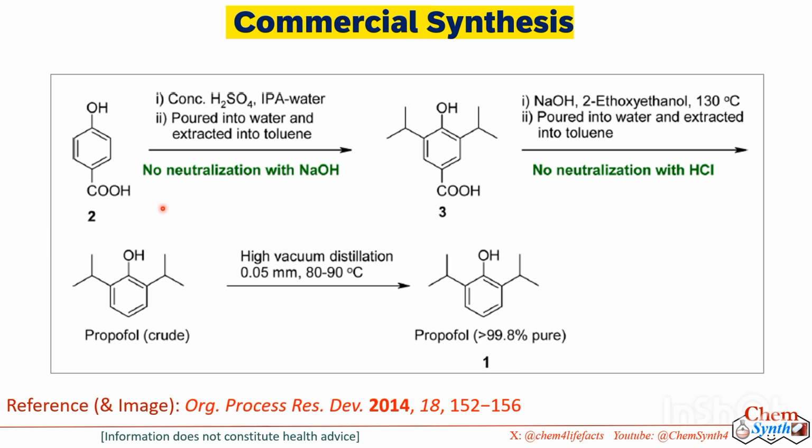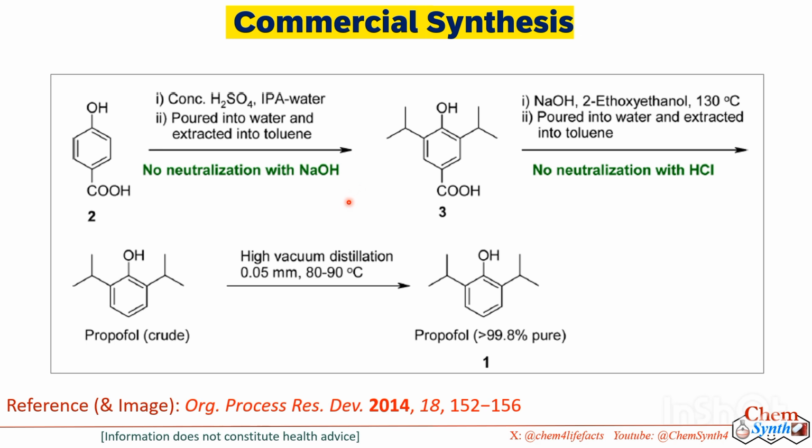They started with the same raw material, para-hydroxybenzoic acid, and performed the reaction using isopropanol in presence of concentrated sulfuric acid. But once the reaction completed, they did not neutralize the reaction using any base. Instead, they poured that reaction mixture in cold water and extracted it with toluene, an organic solvent.